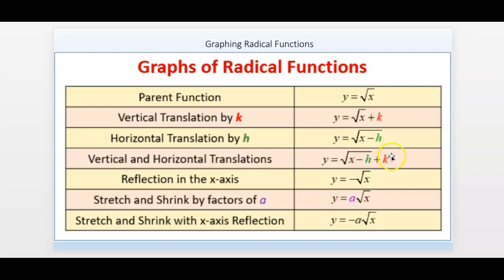You're changing the vertex from 0, 0 to a different point. A negative in front will reflect it across the x-axis. And a will shrink it or stretch it depending on whether a is greater than or less than 1. And again, a negative a will reflect it. We'll do both.